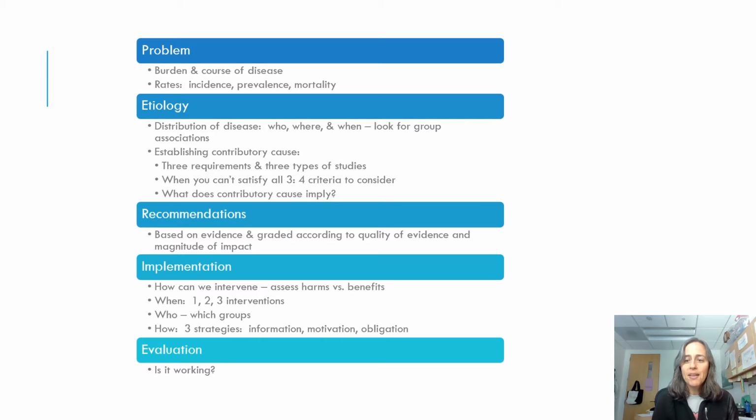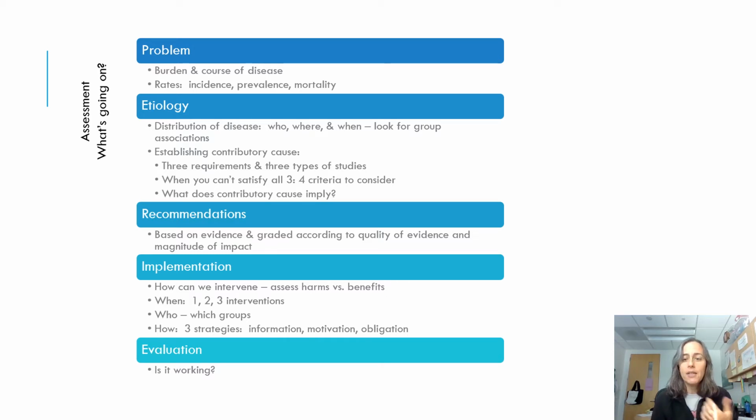You might remember then that when we did the evidence-based approach to public health, we talked about the PERIE, P-E-R-I-E method. And this is really just breaking out those 3 things into 5. So what is the problem, what's going on, is problem and etiology.